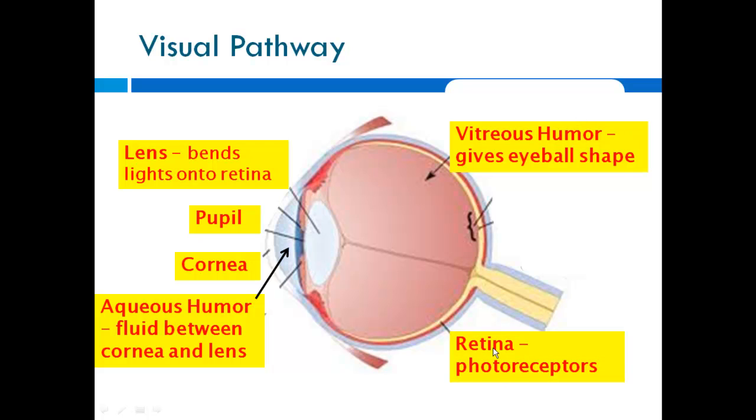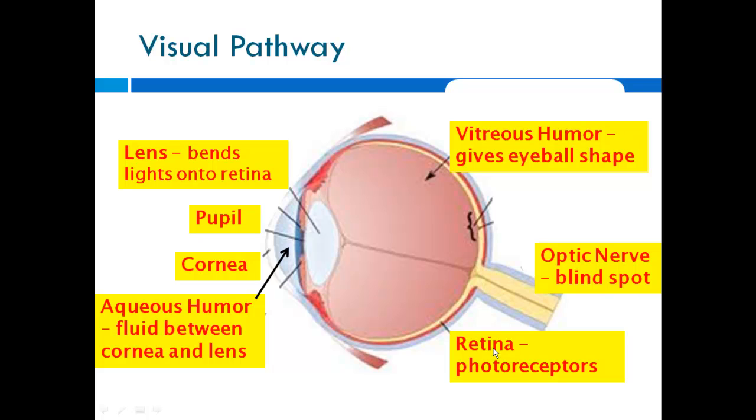And that's filled with lots of different photoreceptors that change the light sensory information into electrical signals. And those electrical signals can then travel to the occipital lobe of the brain via the optic nerve. So if you ever see someone trying to find their blind spot by looking in a certain way or pattern, all that really is just where the optic nerve enters the eyeball.